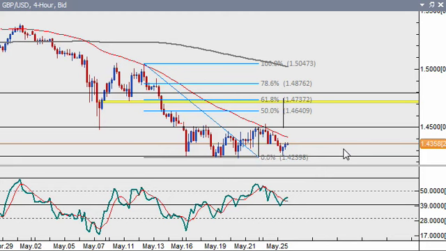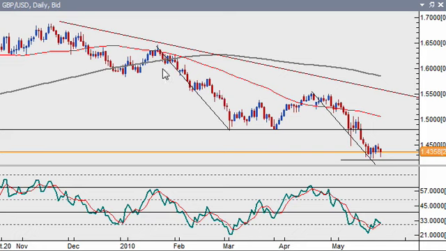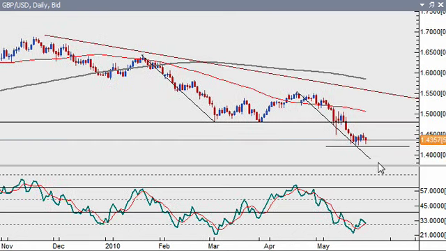So this could stay in this channel, but if it breaks above 1.45, it is likely to head towards this previous low here around 1.4750 near the 61.8% area. If it breaks below, looking at the daily, we are confirming this outlook, and a break below targets 1.39, 1.38. Okay, so that's the pound-dollar.